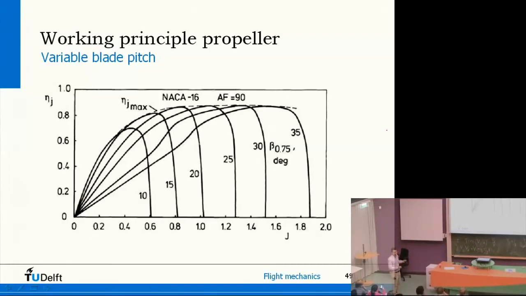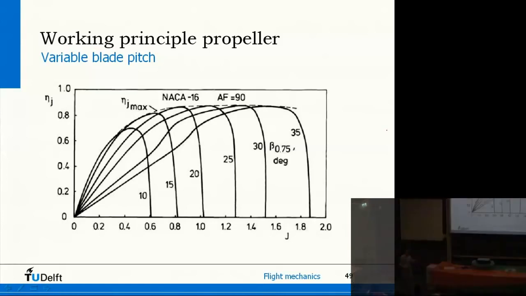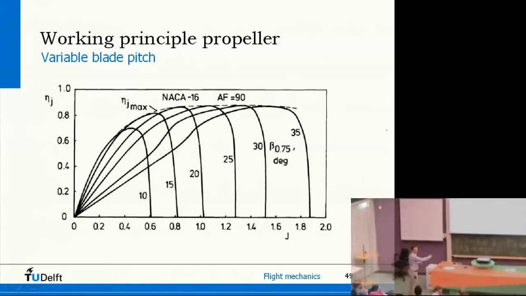So what's nice now is that you can play with the blade setting as a function of airspeed to get maximum efficiency for each airspeed. So if you look at this efficiency curve and you change the blade pitch throughout flight, then you could achieve maximum efficiency.